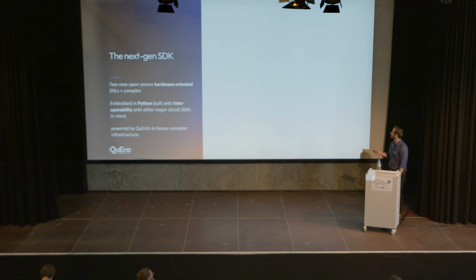What I'm going to talk to you about today are two SDKs. One is a high-level circuit SDK, which I think may be more familiar to all of you. This is called Bloqade Circuit. The idea is we want to provide a solid entry point for users to program, as well as an entry point into our compiler stack.